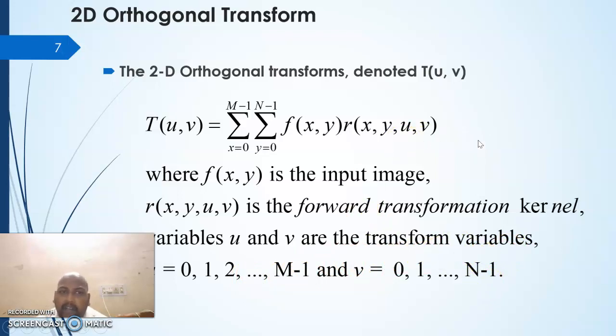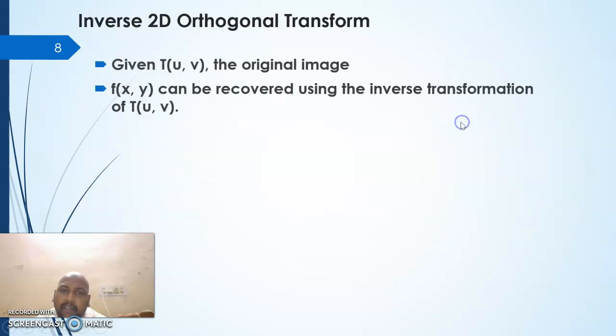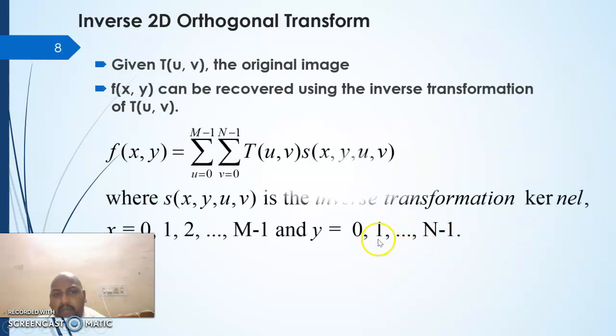The same thing applies when we consider the inverse orthogonal transformation. Here the transformed image function will be given as input and we will take the output, the spatial domain image representation. Here s of x comma y comma u comma v is the inverse transformation kernel.